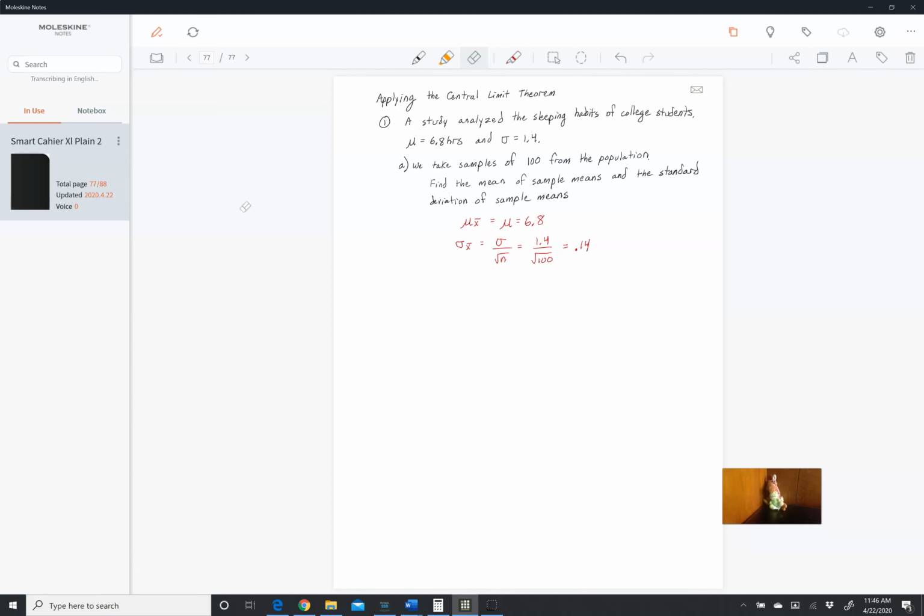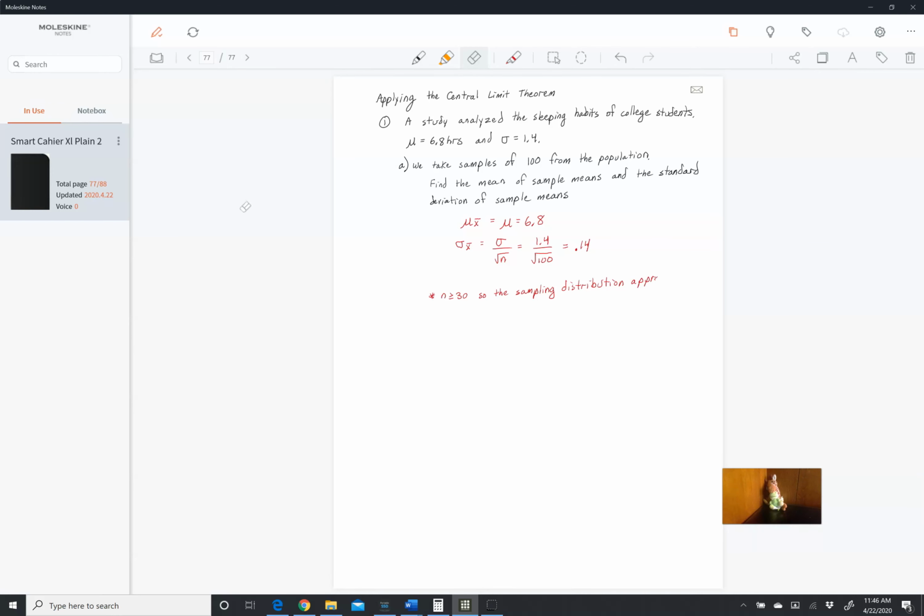And that's it. And we're going to say, okay, n is greater than or equal to 30. So the sampling distribution approximates a normal distribution.